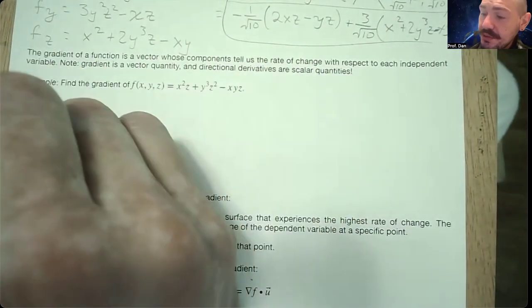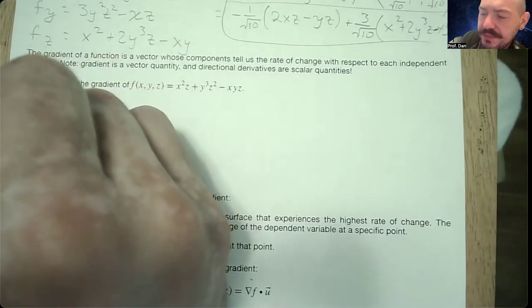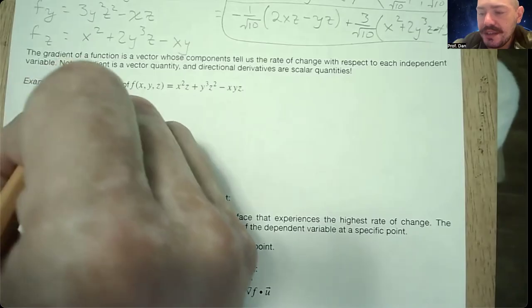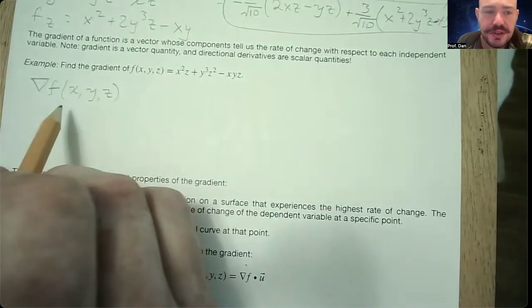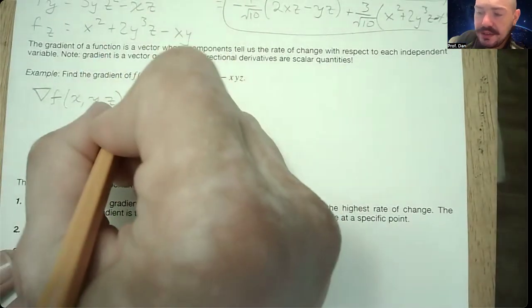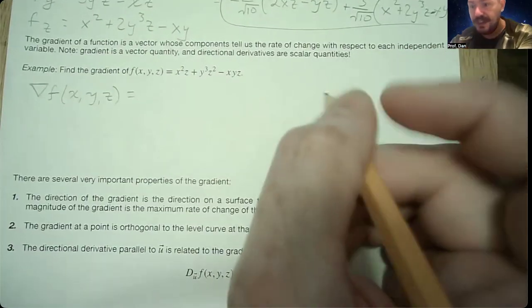Okay, so we represent the gradient with the upside down triangle called del. So we can write del f, right? X, y, and z are kind of implied there, but if you need to specify what the independent variables are, you can always write them out like so. And as I mentioned, this is going to be a vector.